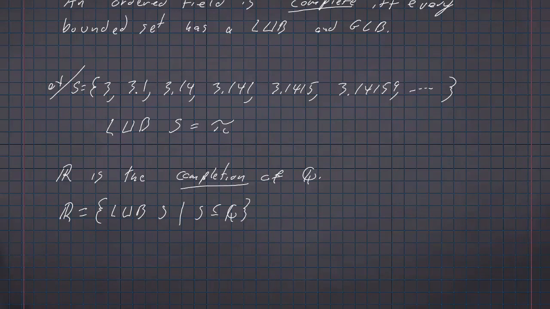So take a subset of rational numbers, find the least upper bound of that set, and put that in here. Now, clearly, if you have a singleton set, a set with just one rational number in it, the least upper bound is that rational number. So we get all of the rational numbers in the real numbers along with everything else.